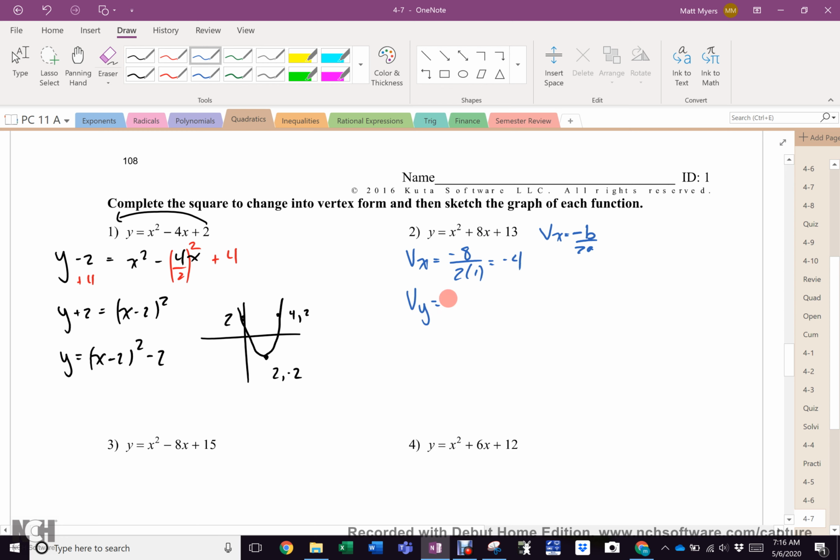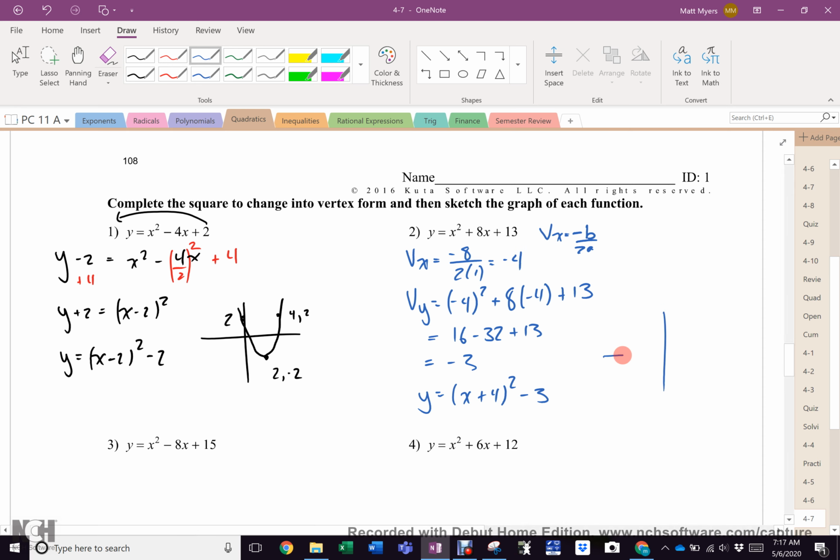Vertex y then equals negative 4 squared plus 8 times negative 4 plus 13, which is 16 minus 32 plus 13, which is negative 3. So my equation is y equals x plus 4 squared minus 3. Because my vertex is negative 4, so it has to be plus 4 in vertex form.